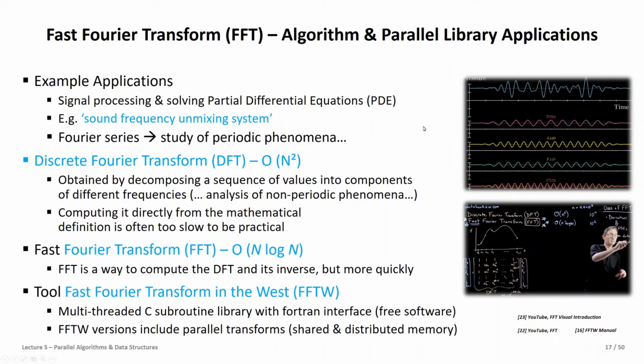And to decompose this and have a sequence of values of these different frequencies, you could use what we call a discrete Fourier transform, which is very, very costly in terms of computing power. It's using directly the mathematical formulation, and in practice, it's often too slow. And O of n squared is quite some runtime.